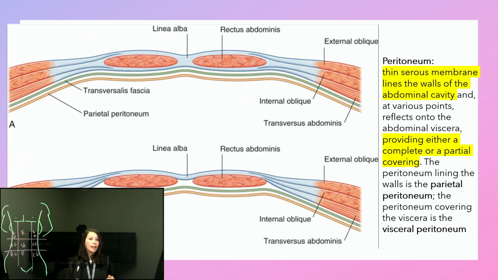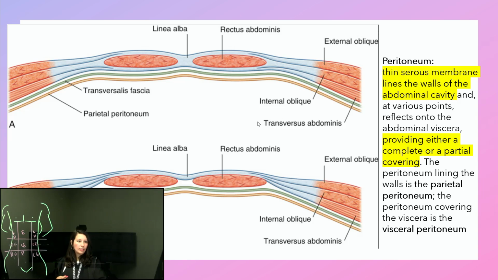Okay, and the deepest layer that we have right here is going to be the peritoneum, right? Because the peritoneum is that layer of serous membrane that is protecting, at this point, your organs. Once you pass through these muscles and that rectus sheath, we are going to be entering the abdominal cavity, right? So this is where we're going to be seeing that peritoneum.